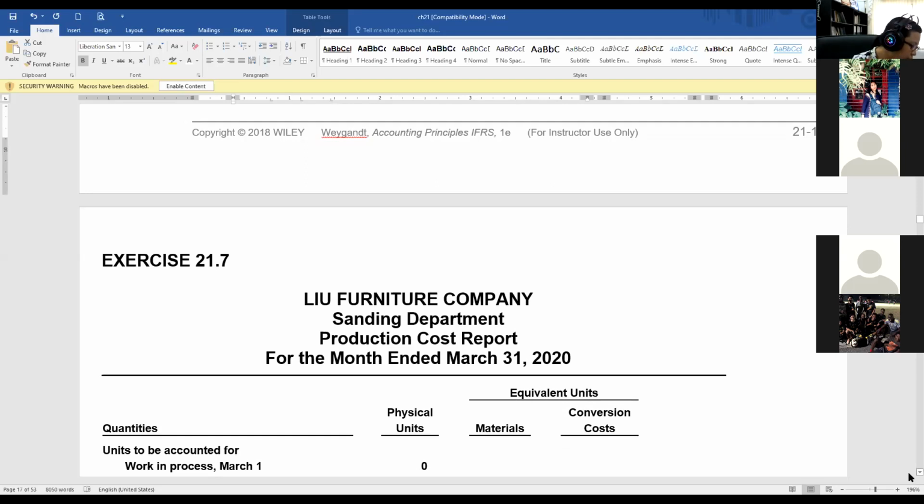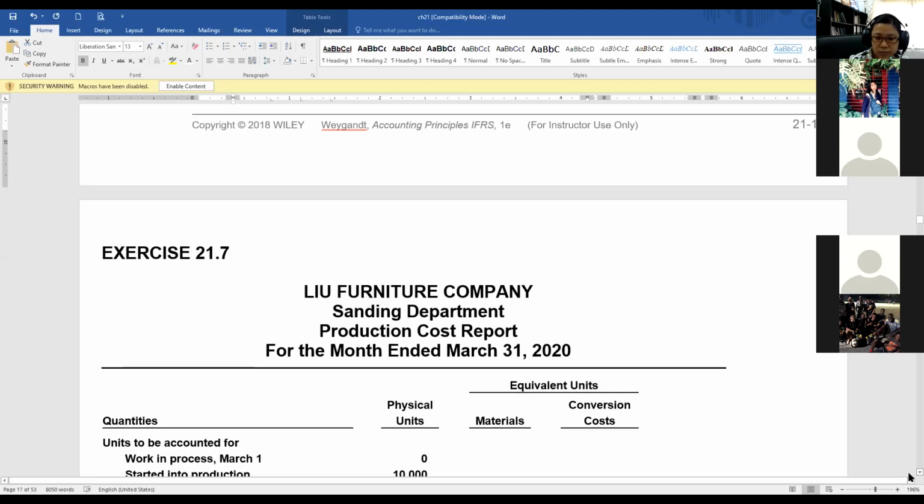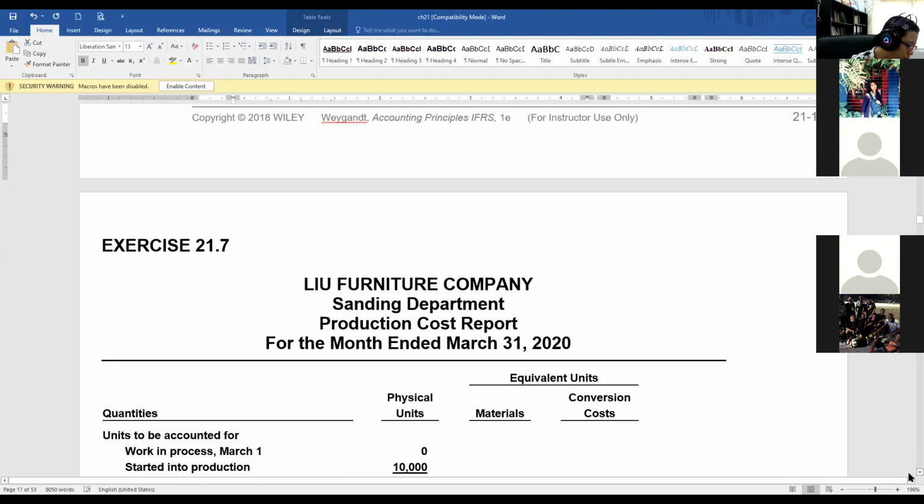How many units started into production? 3,000?